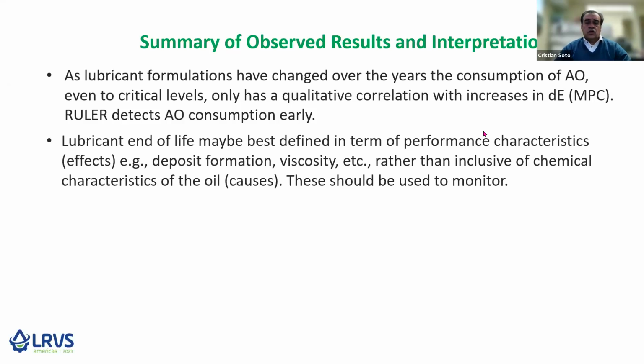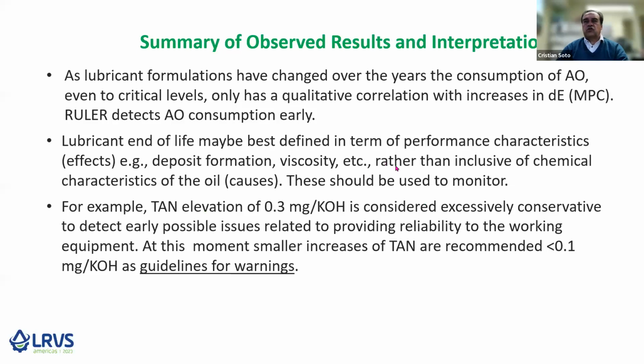It may also be worthwhile to highlight that to separate causes and effects, and to try to define the lubricant end of life, it is the opinion of this author that the end of life may be best defined by performance characteristics or the effects rather than the causes, and those should be grouped perhaps separately. These causes can be used to certainly monitor the system rather than to define end of life.